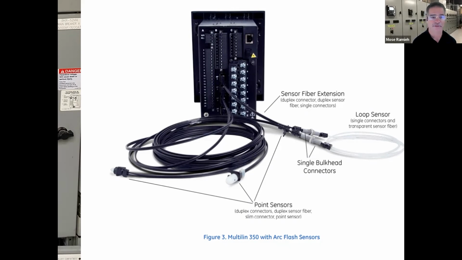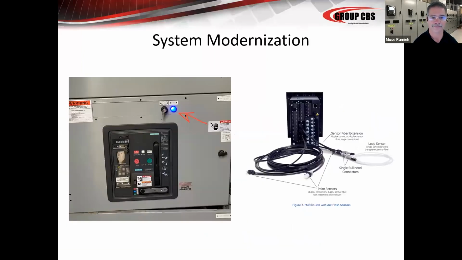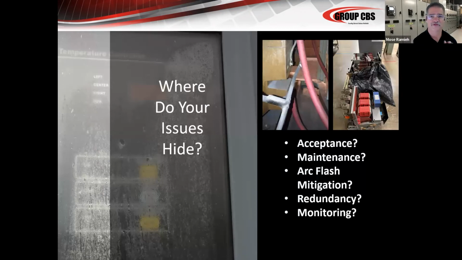These can clear so fast that before the arc event really even gets going, the system removes the power and the arc extinguishes, right? I don't want to ever say that you'll reduce your arc flash hazard to zero, but utilizing this technology does greatly reduce the arc flash hazard to those working in it, and it also protects the equipment.